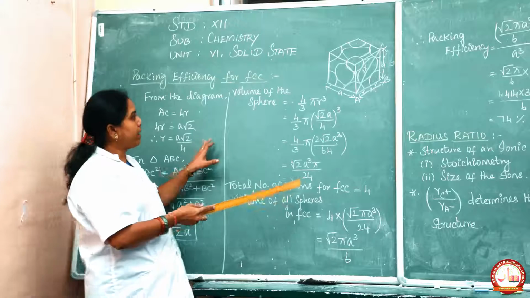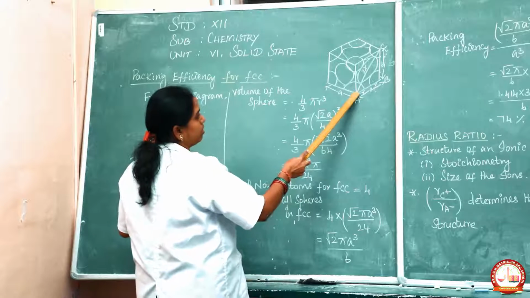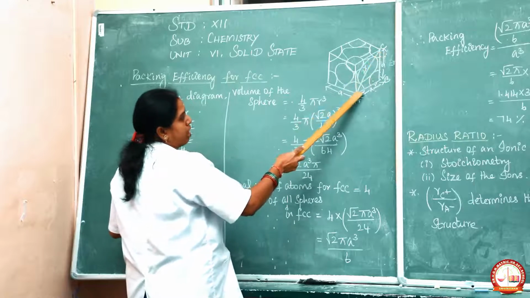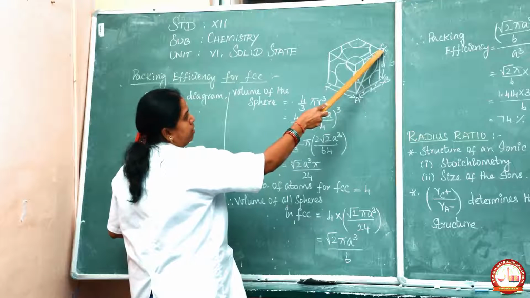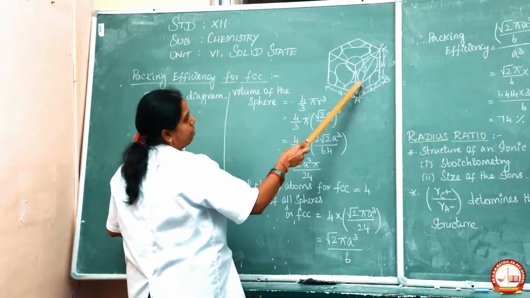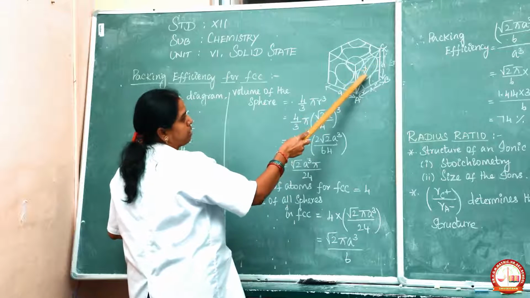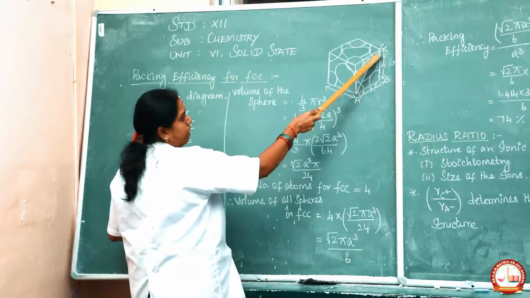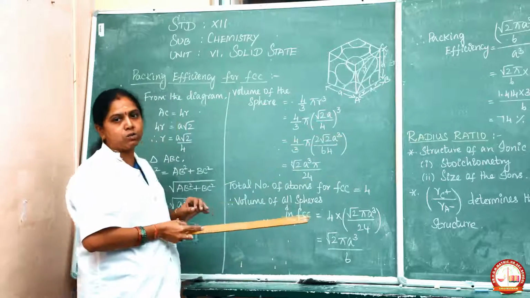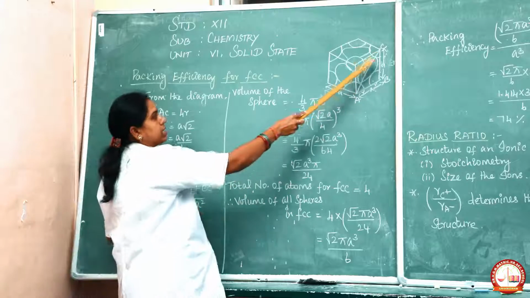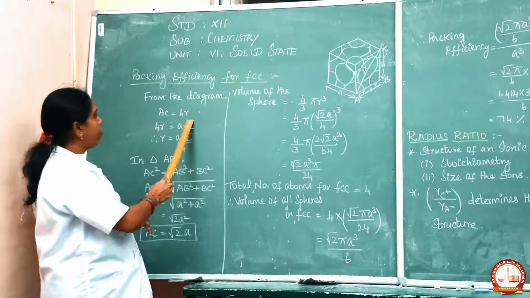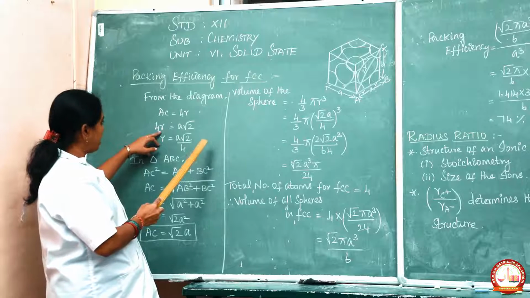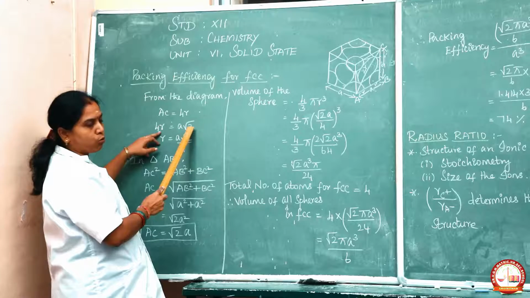From the diagram we can see a triangle ABC. The hypotenuse AC is 4r, because the center sphere has diameter 2r, and the 2 edge spheres have radius r each. So totally the AC distance is equal to 4r.